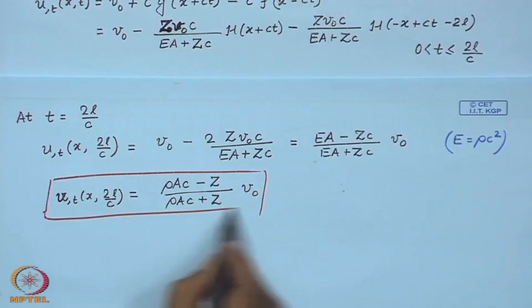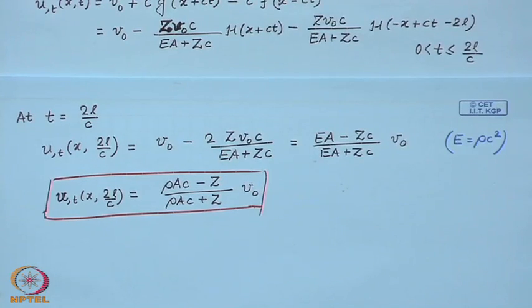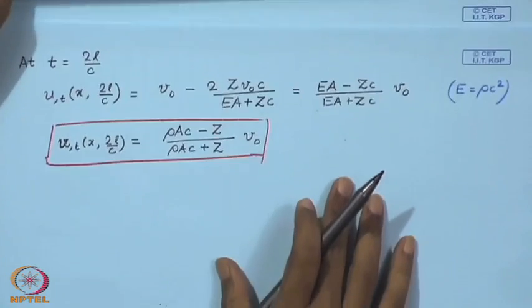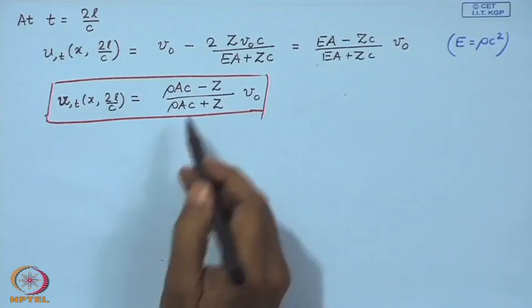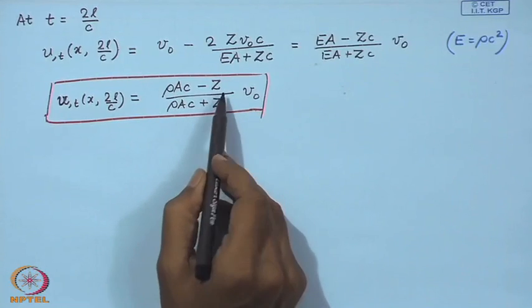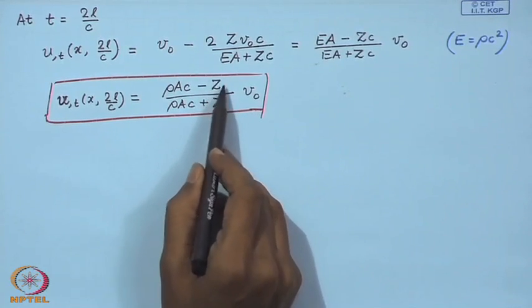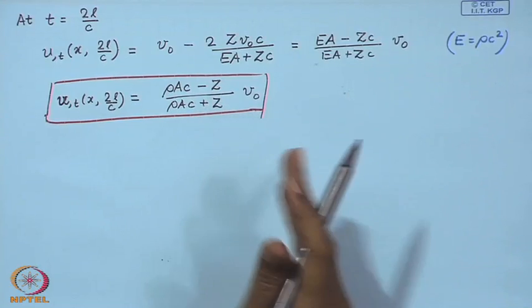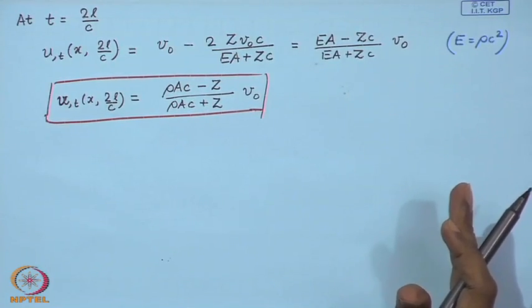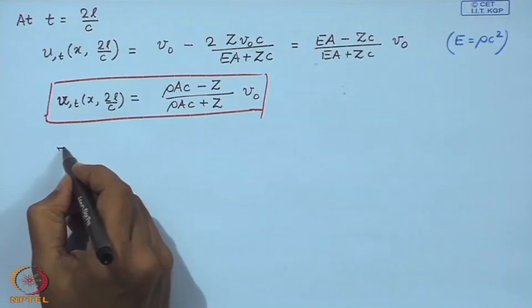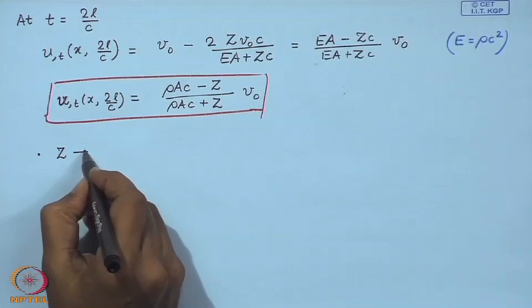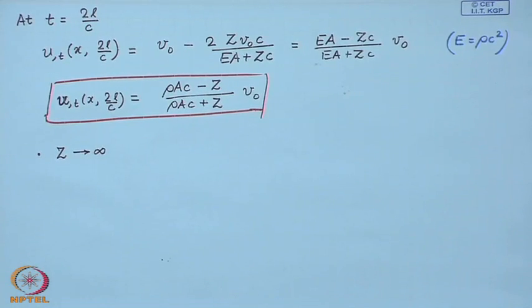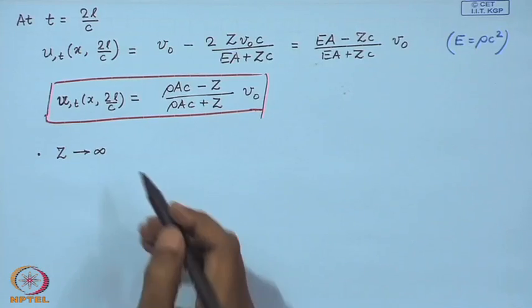Now, let us analyze this expression. You see, when Z is infinite, the semi-infinite bar is actually a rigid wall. So, if Z is infinite, the impedance of this obstacle is infinite, which means it is like a rigid wall.